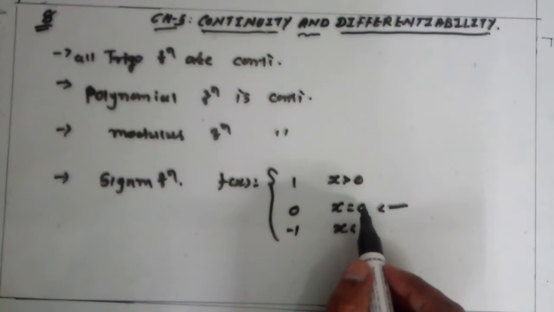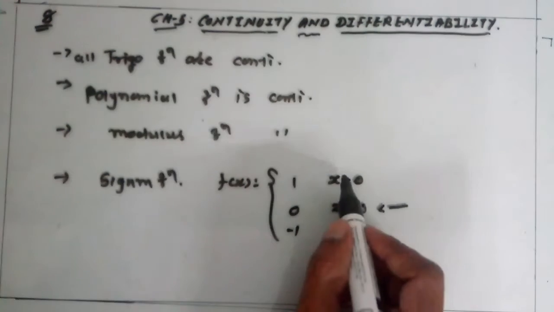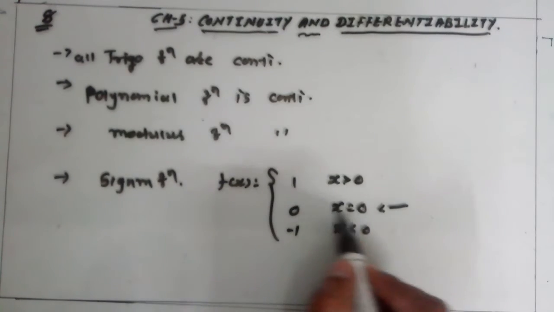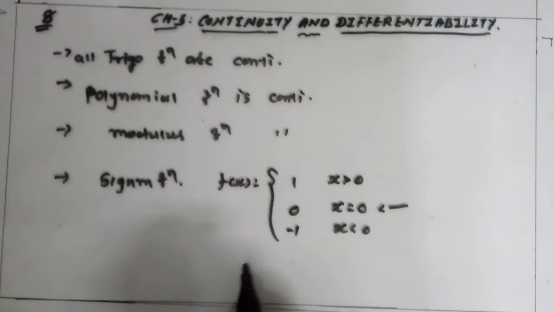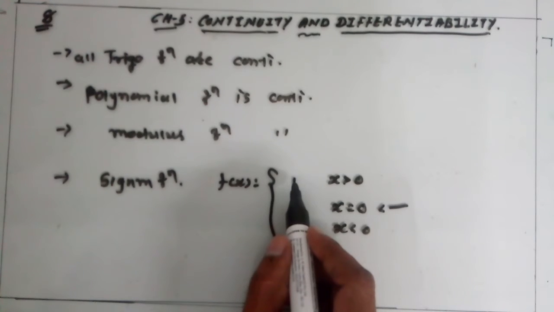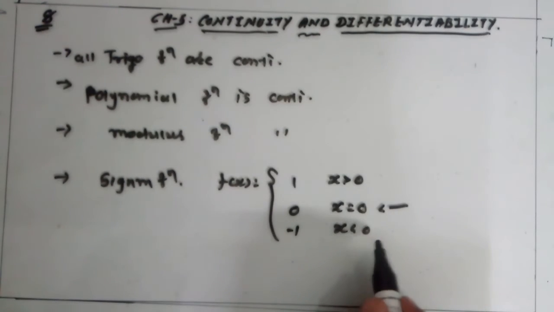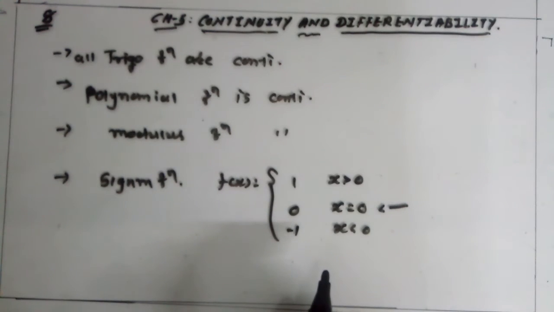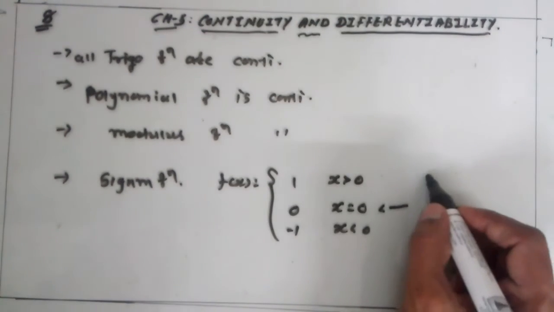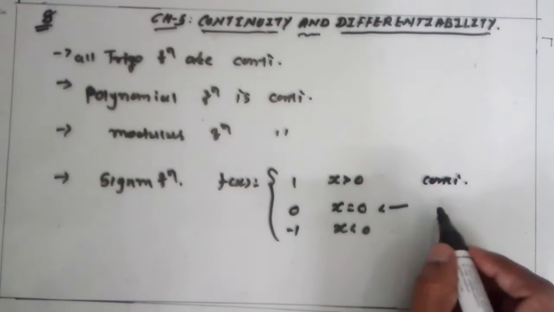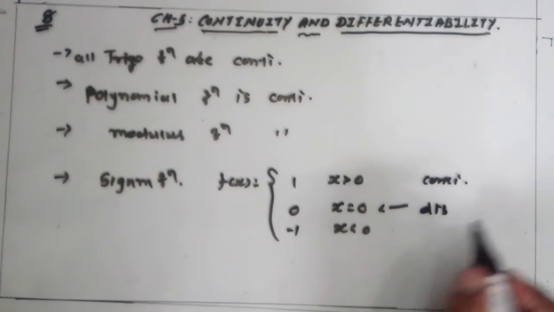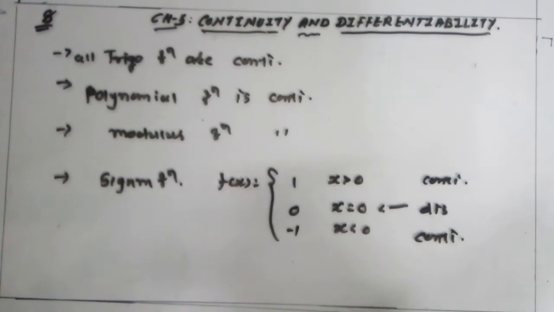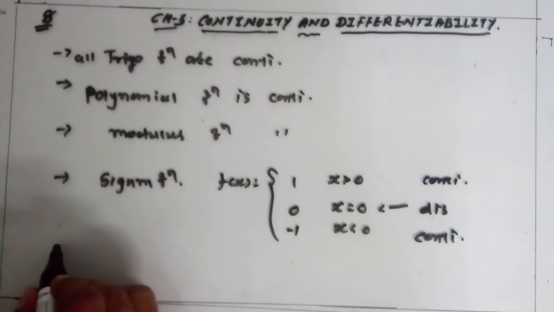Remember this, at x equal to 0, limit x tends to 0 negative gives minus 1, limit x tends to 0 positive gives 1. So it is not continuous at x equal to 0. So the signum function is continuous for x greater than 0 and x less than 0, but discontinuous at x equal to 0. Clear? Continuous, discontinuous, continuous.